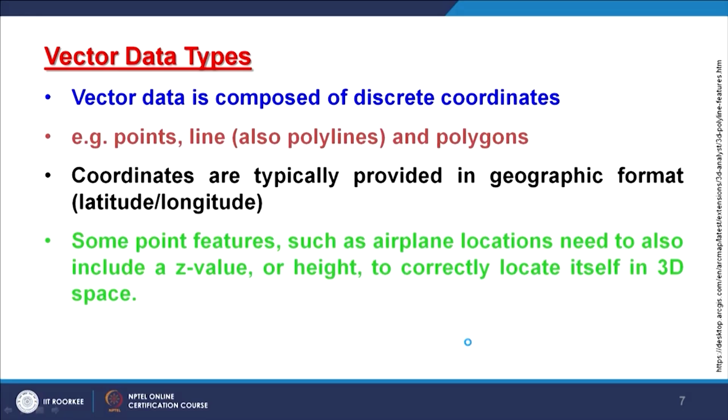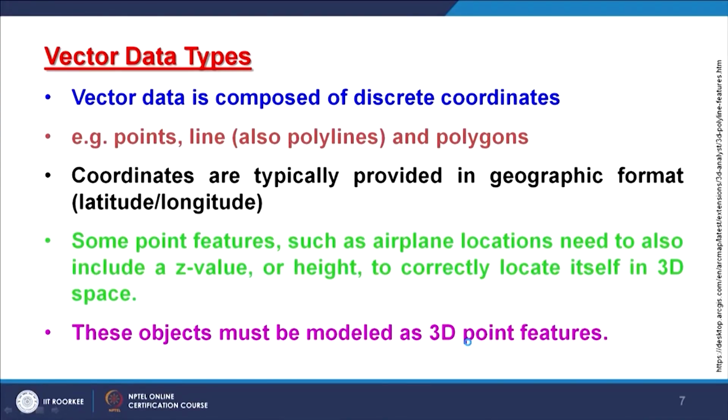A point is a zero dimensional entity, so it does not have any dimension. So how has this 3D point terminology come? Whenever the term 3D points is used in any software or literature, that means the point has x, y and z value also. But that z value will always be stored as non-spatial information. So don't get confused. Same with the 3D line also. That means along the line you have height information or elevation information.